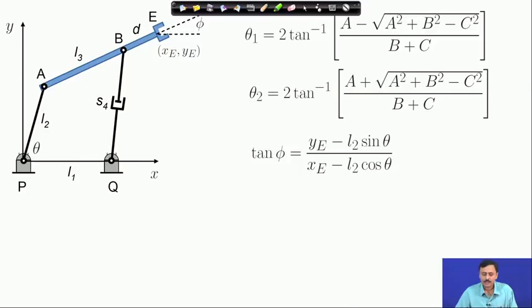So, I have collected these expressions now. So, we know theta 1, theta 2 in terms of x e y e, then I calculate phi.